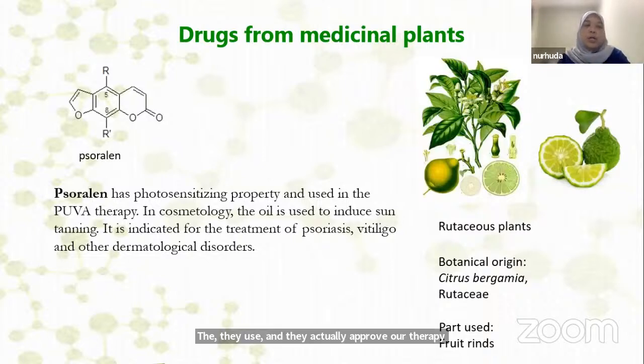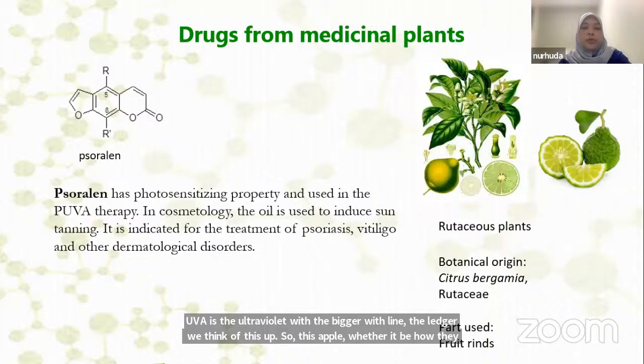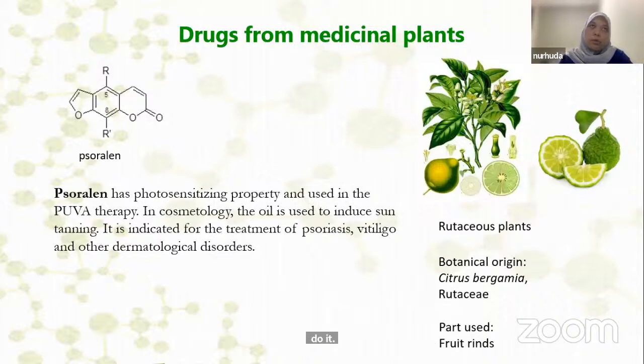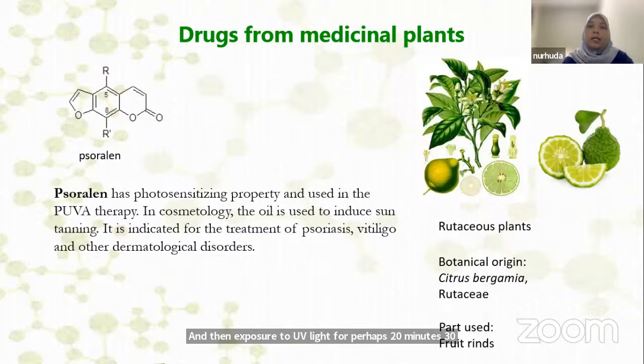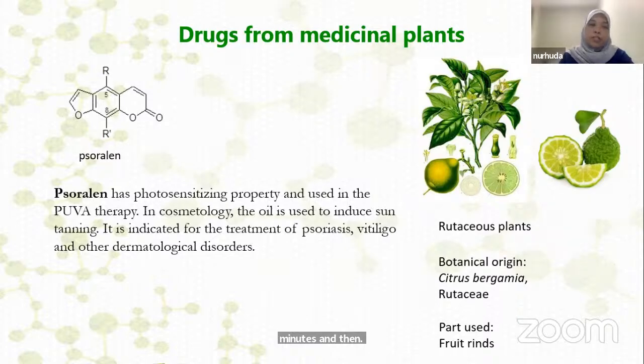The P is for psoralen, UVA is ultraviolet A, the ultraviolet with the larger wavelength. How they do this PUVA therapy is they apply psoralen on your skin, then expose it to UV light for perhaps 20 or 30 minutes, and later apply medication on the skin so that it becomes more efficient.